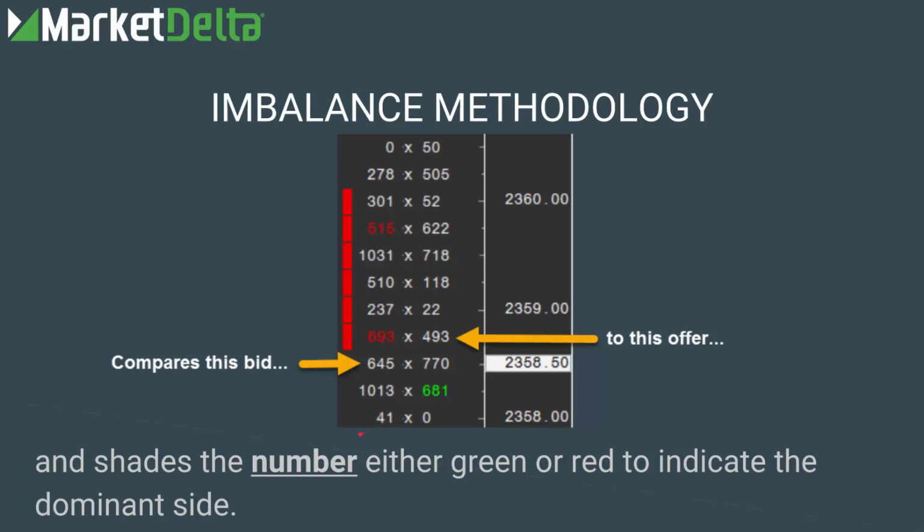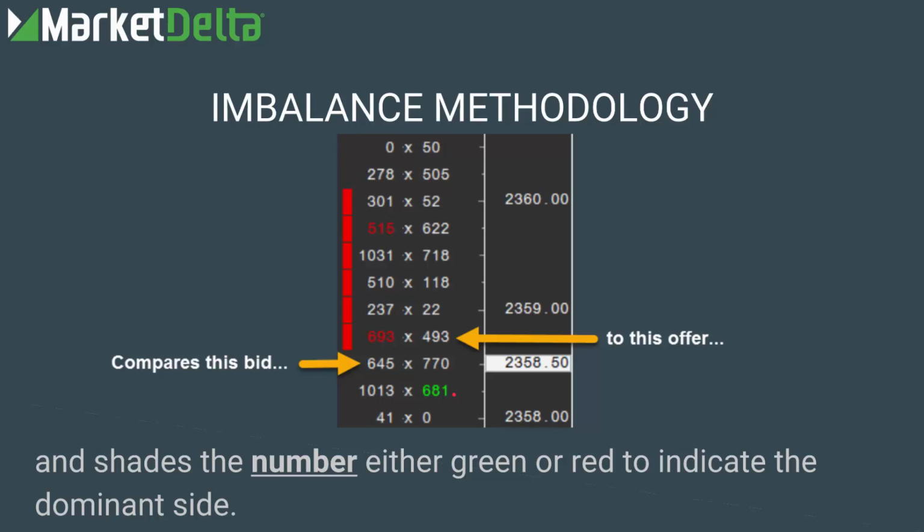So in this case, the relationship was 41 versus 681, a significant difference in volume here. It met the threshold or the criteria that are defined in settings, which I'll show you. And it was enough to make this a buy imbalance and color coded green. So I use the word, when I describe these imbalances, trigger.